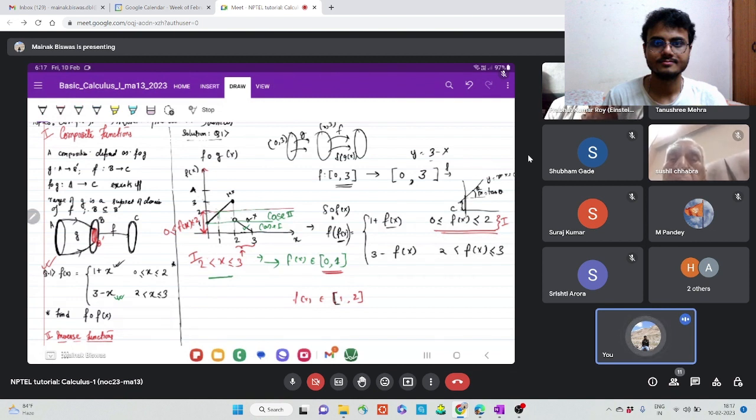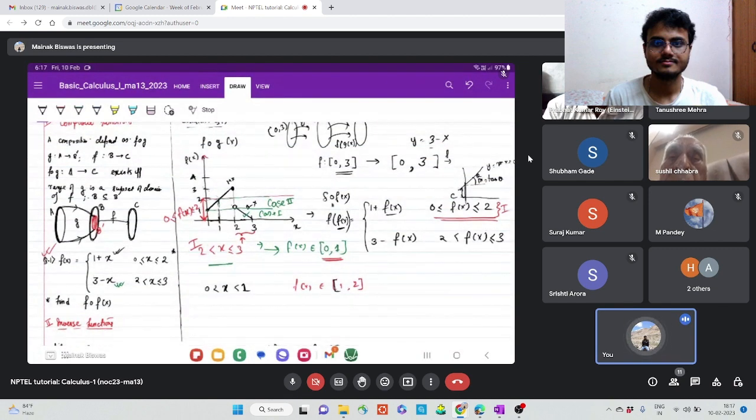From 1 to 2. 1 to 2 is taken when the value of x is between 0 and 1, right? Somebody told 0 and 1, that is correct. So between 0 and 1, this function takes values between 1 and 2. And case 3 can be, or here the big case 2, is also when the value of this function is between 1 and 2.